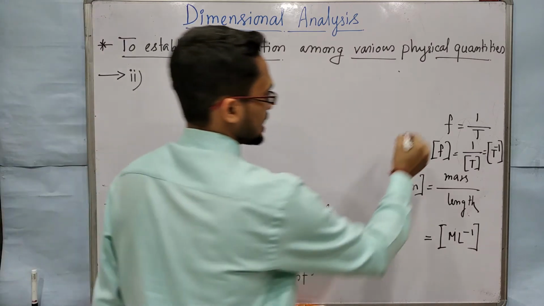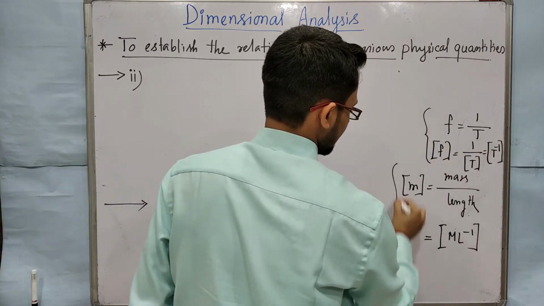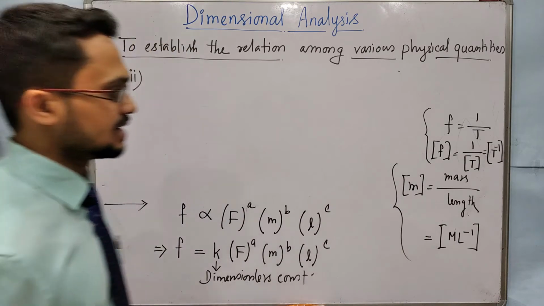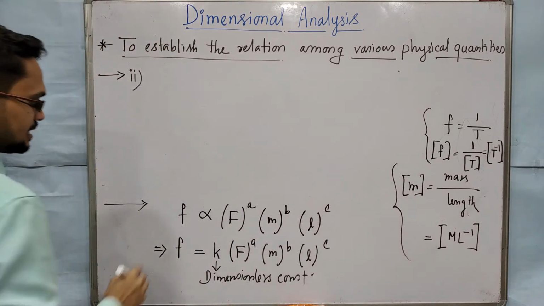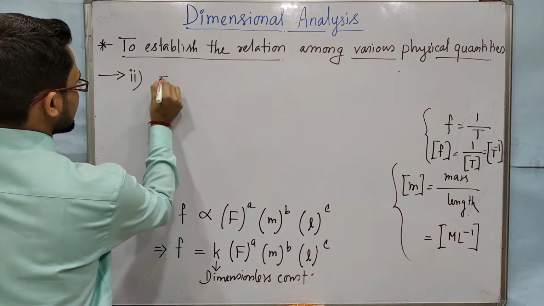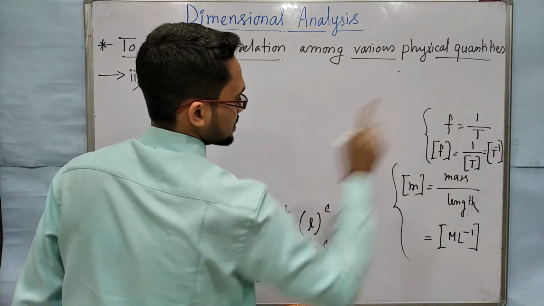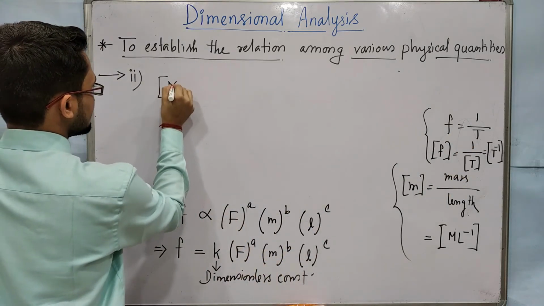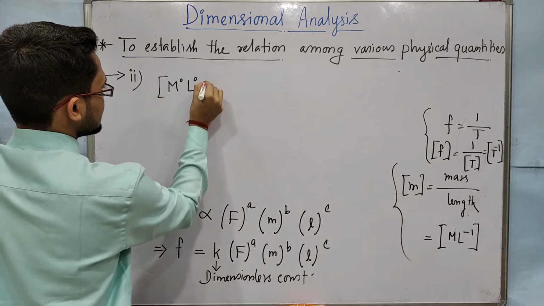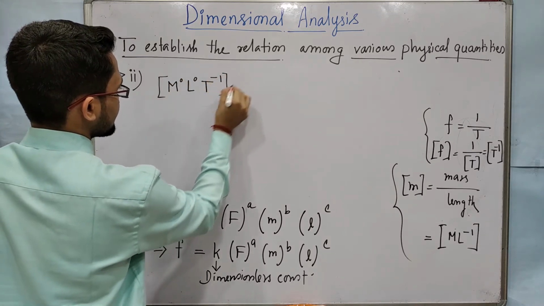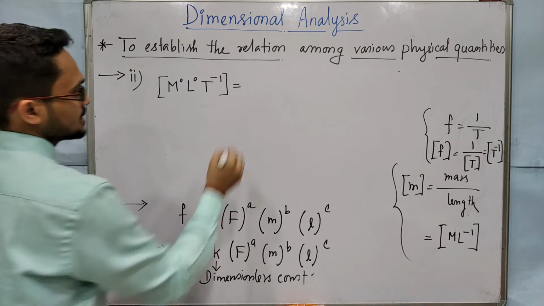For frequency there is only T to the power minus 1, and M and L are missing. So M to the power 0, L to the power 0, T to the power minus 1, equal to K, which has no dimension.